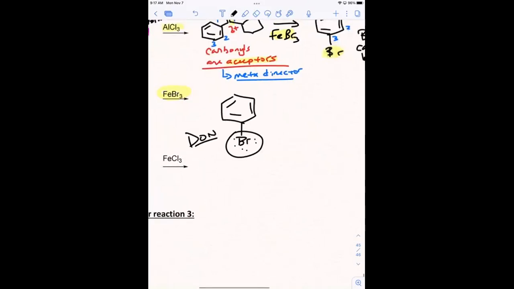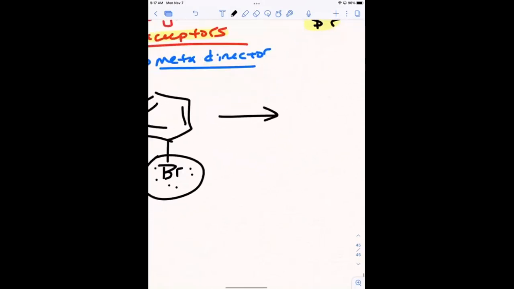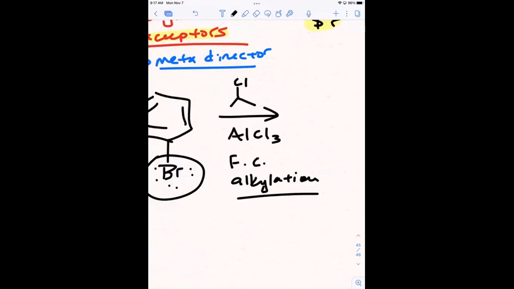All right, so what have I added? Let's see what I want to add. I'll add this. I'm going to do a Friedel-Crafts alkylation. Where's that group going?